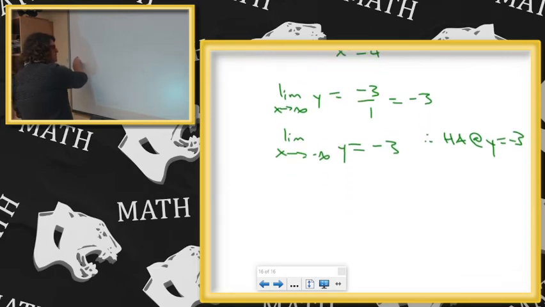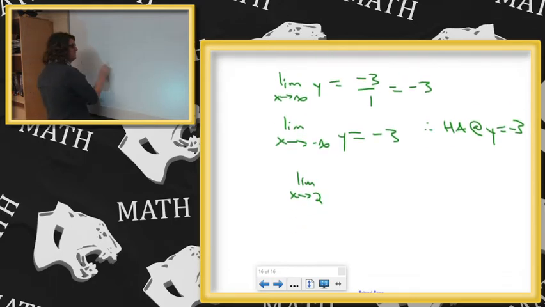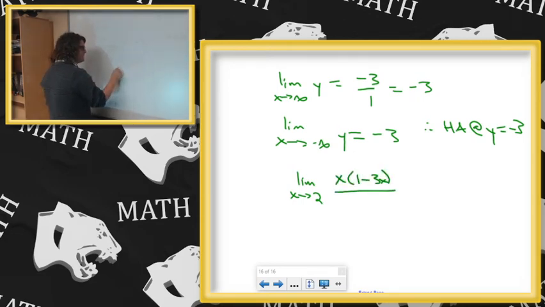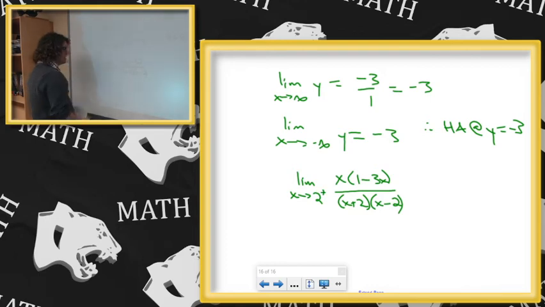So we basically want to show the limit as x approaches 2 from the right, I guess we'll do.